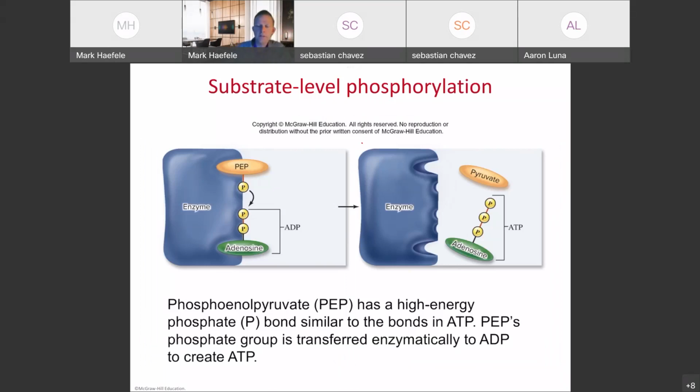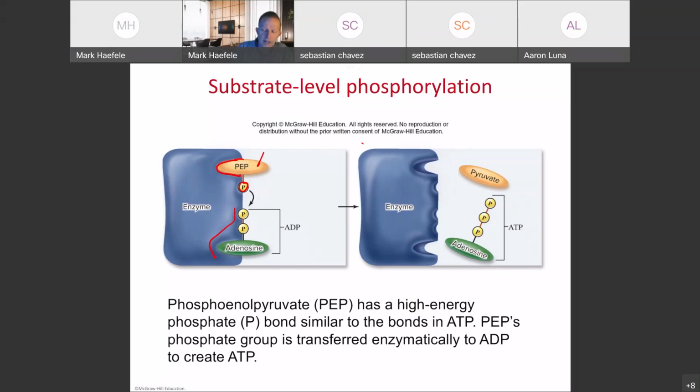This here is the first mechanism of substrate level phosphorylation. Notice you have a molecule here called phosphoenolpyruvate. It's got a phosphate on it. What happens is very similar to the enzyme we saw before for NAD+. It's going to bind to its own active site in the enzyme, which is going to bind your phosphate. And then the ADP is going to be sitting there in another pocket designed for it.